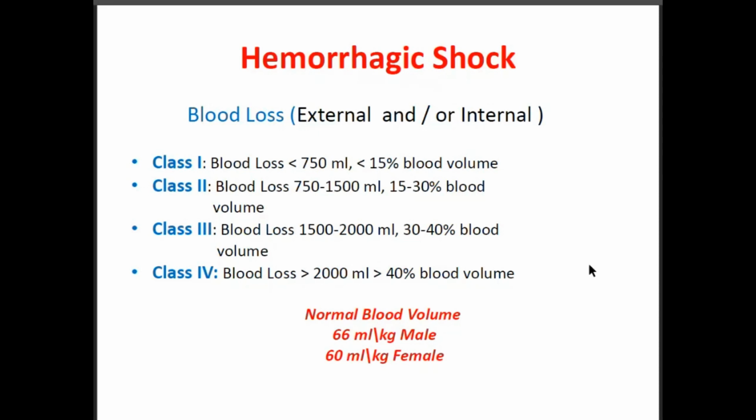So, if you have a male of 70 kilograms, then he roughly has about 4.5 to 4.6 liters. So if you are losing about 2 liters, you divide 2 by 4.6, and it means it is very dangerous. Class 4, it's more than 40% of the blood volume.